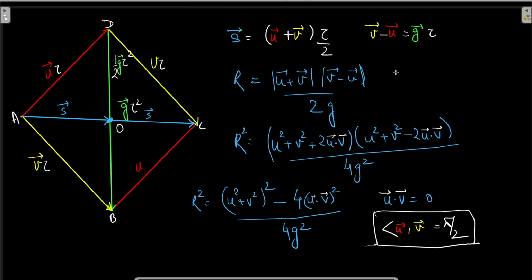I'll repeat it once more. See, we have s equal to u vector plus v vector times tau by 2. This we already saw how do we get it. And also we have this equation. This is quite old for us now. Now how do we do it? We take mod both sides, so the direction property goes away.